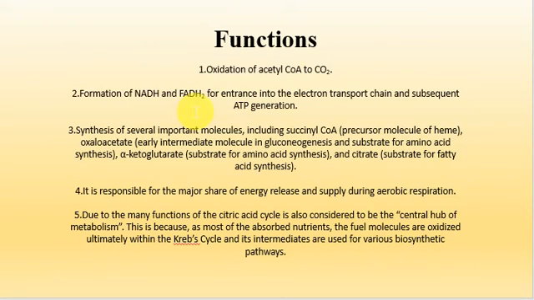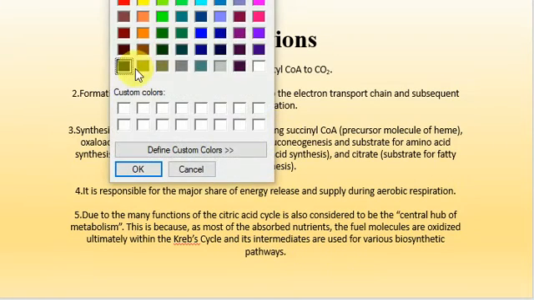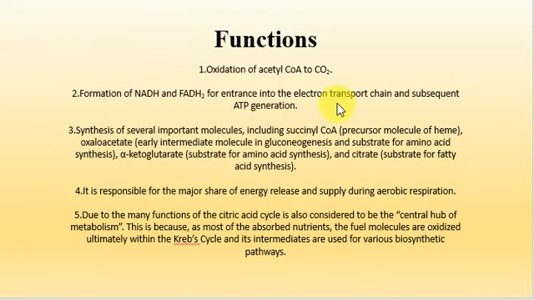So what are the functions of the citric acid cycle overall? Oxidation of acetyl coenzyme A to CO2, then formation of NADH and FADH2 for entrance into the electron transport chain, which will occur after the TCA cycle.